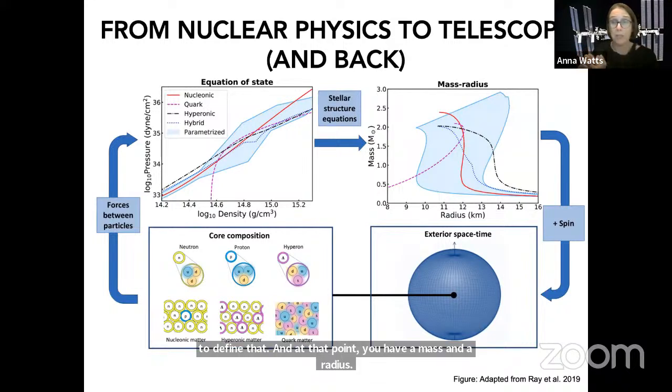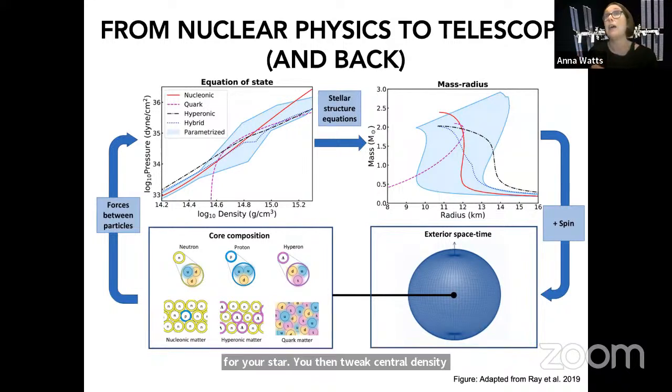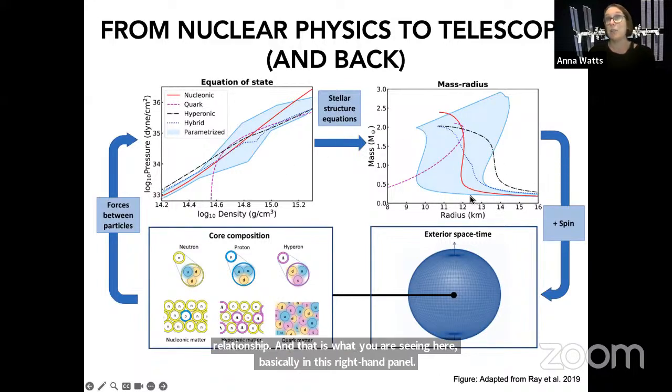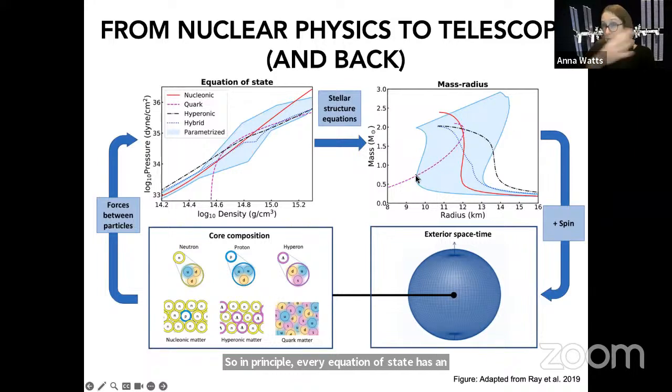You then tweak the central density, repeat the calculation, and eventually you will trace out, for each equation of state, a mass-radius relationship. And that is what you are seeing here, in this right-hand panel. So in principle, every equation of state has an associated mass-radius relation. And again, this pale blue band is a parameterized family of models that spread across this whole wide range.